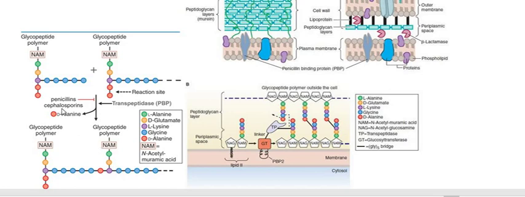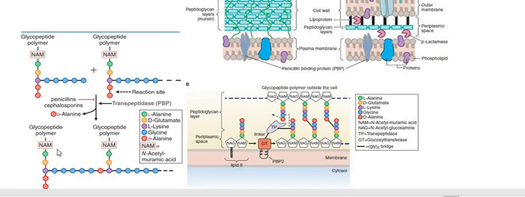The penicillin and cephalosporin are antibiotic drugs. They inhibit the activity of the enzyme penicillin binding protein, like transpeptidase, so there is inhibition of formation of cross linkage between the N-acetyl-muramic acid.